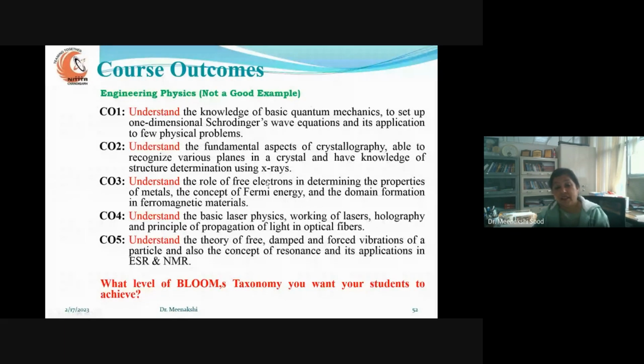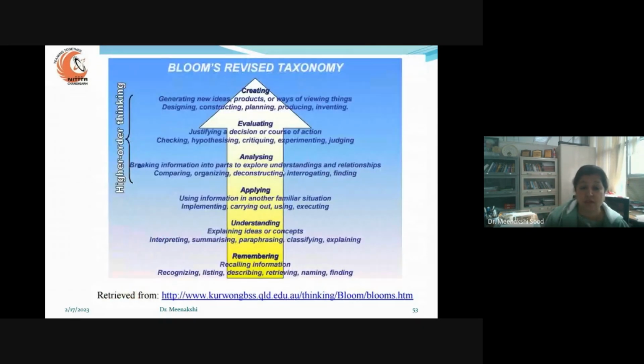You have also gone through the fact that there are certain verbs for every level of Bloom's taxonomy you are working on, whether it is lower order or HOTS, that is higher order thinking skills. At every level we have verbs, words which should be used. Action verbs we call them.